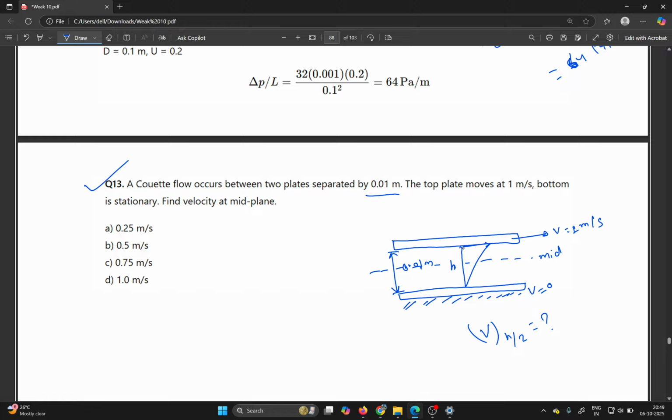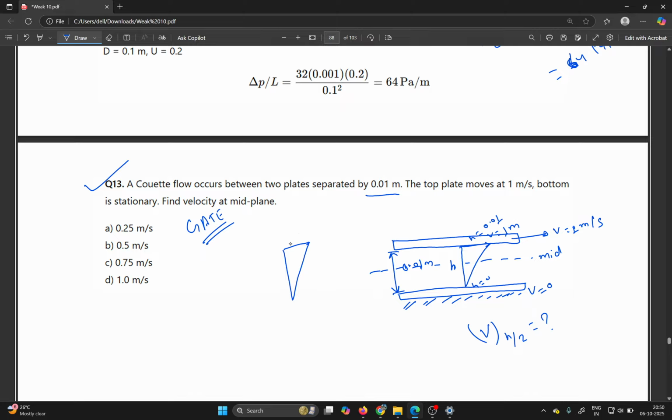Here h is equal to 0, and this is h equal to 0.01, and at h equal to 0.01 your velocity is 1 meter per second. This is an analytical type question, so you can think of GATE type questions or your NPTEL final exam also.